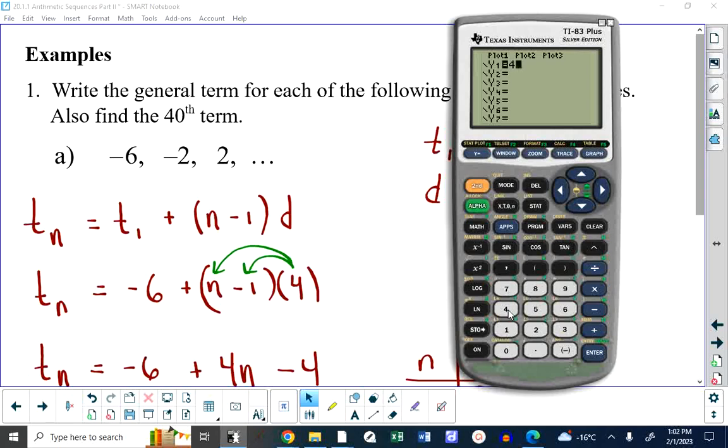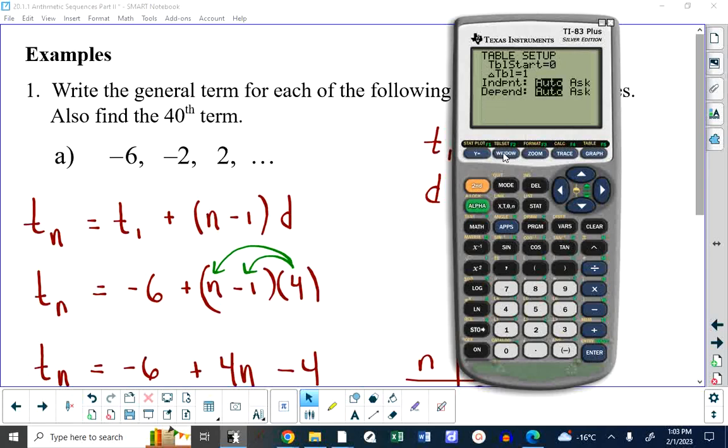I don't have an n key, so I use the x key. And then minus 10. Now, in Math 10C, how many of your teachers showed you how to use the table feature? Not too many. Okay, this is a brilliant feature of the calculator that's often overlooked. I'm going to go to my table setup, which is second window.